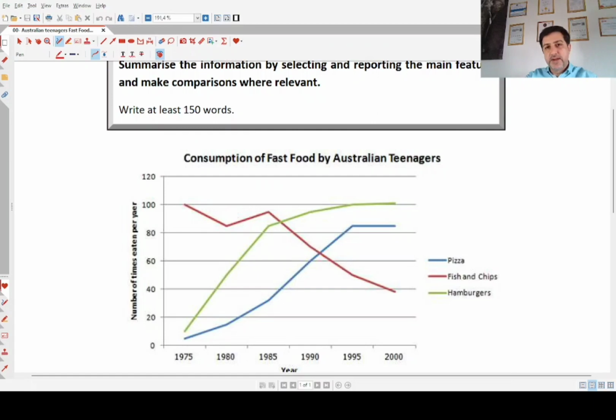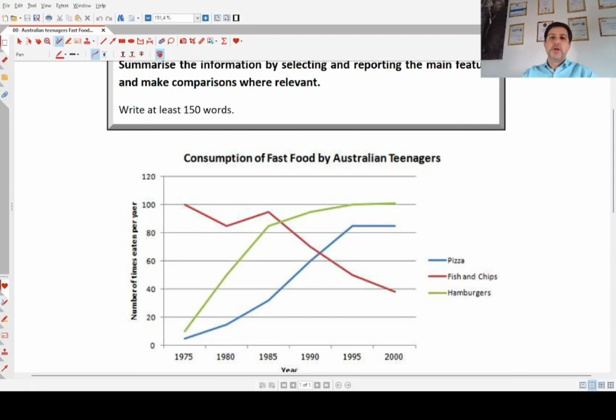However, the popularity, the consumption, or the rate that fish and chips were eaten dramatically dropped by the end of the period. However, in strong contrast, the hamburgers and pizza were eaten at high amounts by the end of the period.